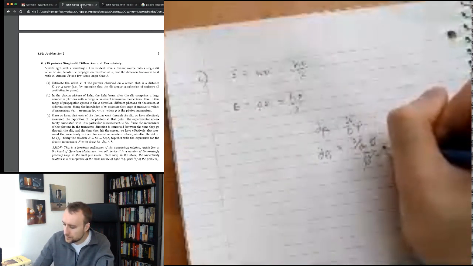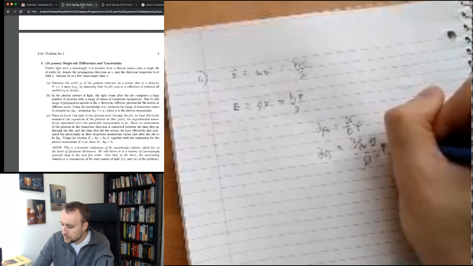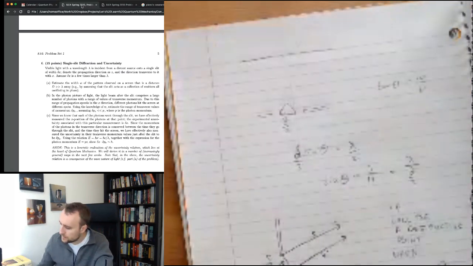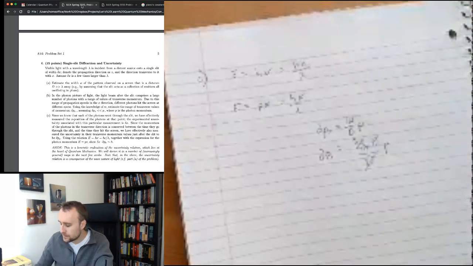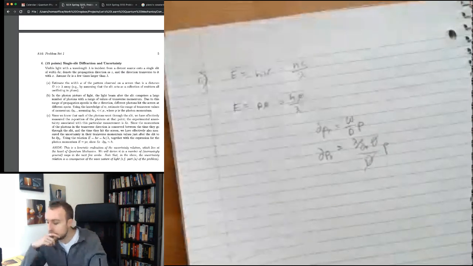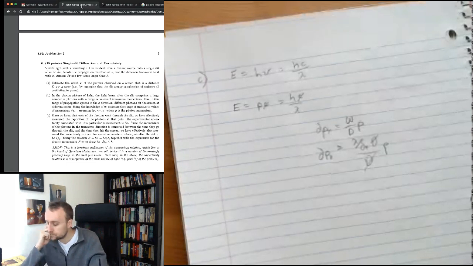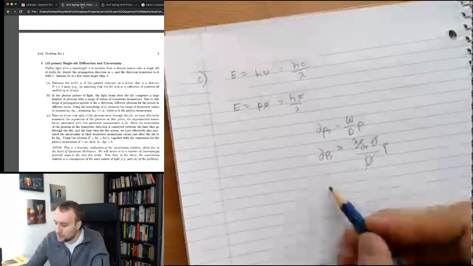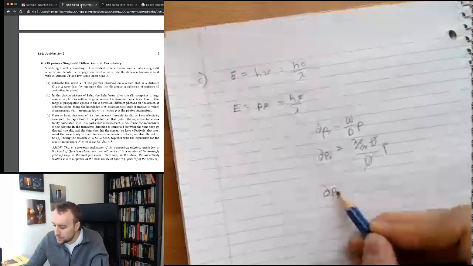The d's cancel. This p, to get photon momentum, we have this p_x.